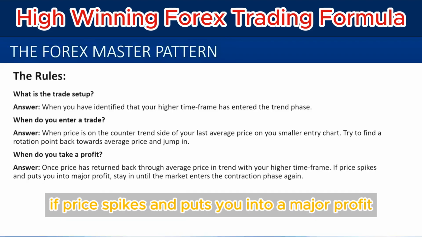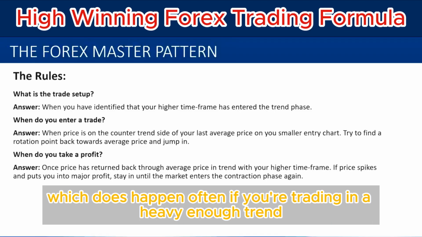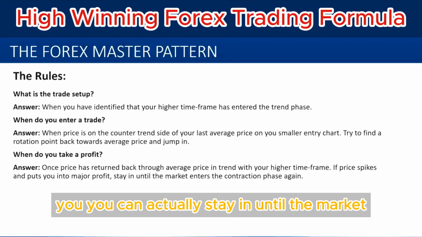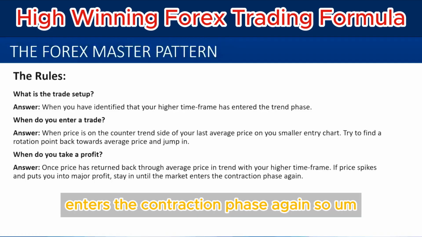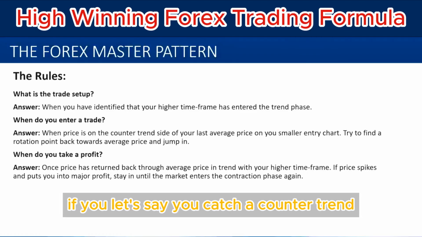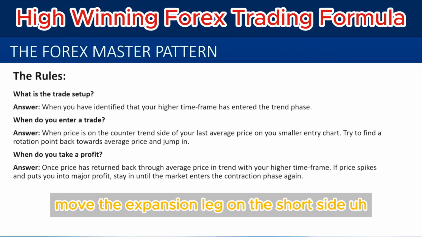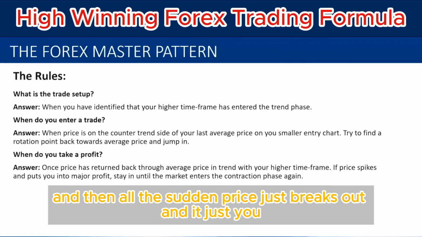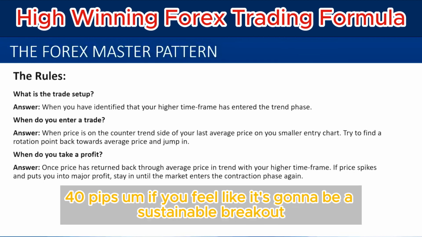If price spikes and puts you into a major profit, which does happen often if you're trading in a heavy enough trend, you can actually stay in until the market enters the contraction phase again. So let's say you catch a counter trend move, the expansion leg on the short side, with the 4 hour headed short, and then all of a sudden price breaks out and you're up 30, 40 pips.